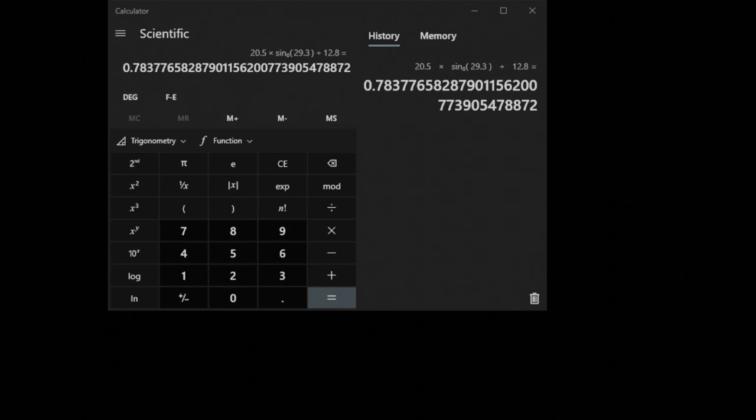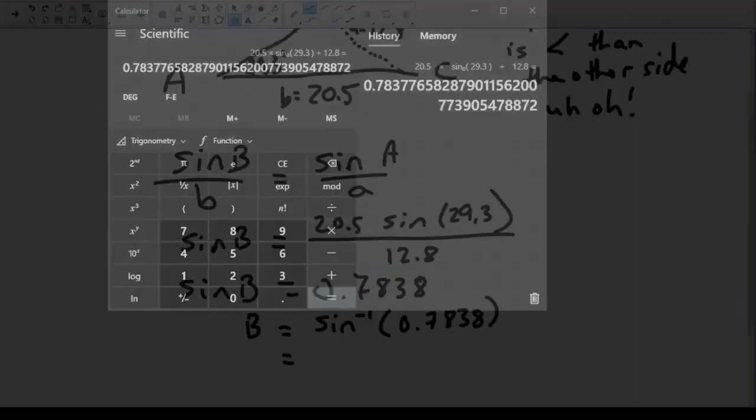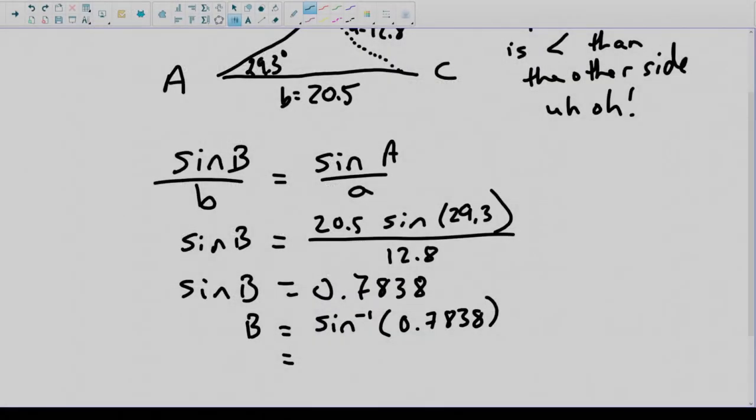Okay, so when I arc sine that, it's going to give me an answer. So I'll do that off to the side here. Sorry, I forgot to switch over to my screen. So I just inputted all of that information: arc sine of 0.7838.